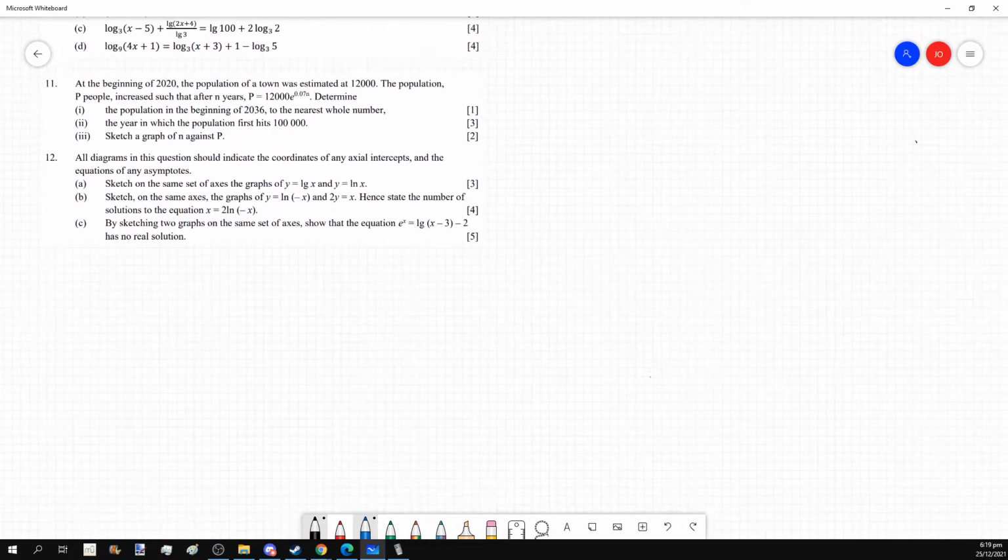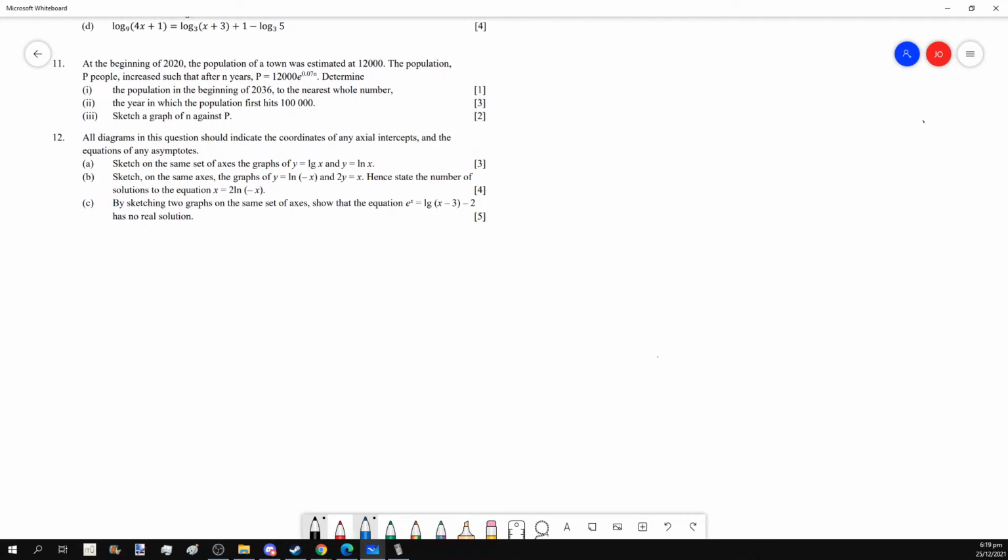Alright, we're almost done. Now let's look at question 11. Finally, something fun again. 11 tells us at the beginning of 2020, the population of a town is 12,000, and the population has the formula P equals 12,000 e to the power of 0.07 multiplied by n. n is the number of years.